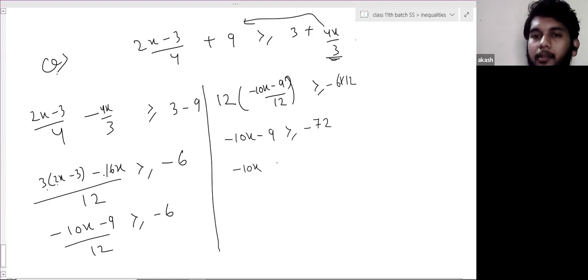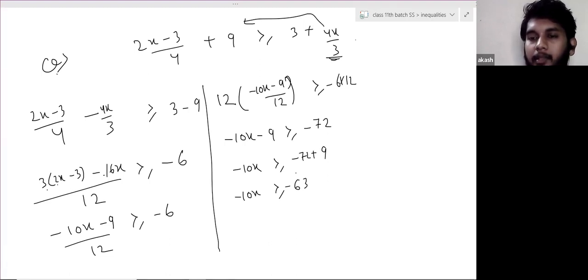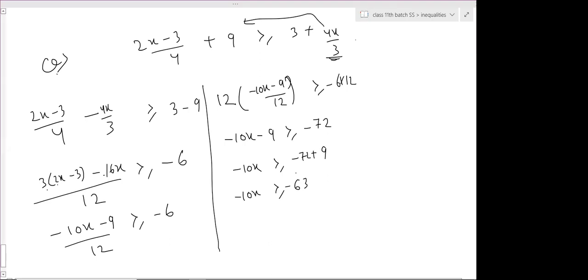So -10x is greater than or equal to -72 + 9, so -10x is greater than or equal to -63. These steps are clear till now? Yes.